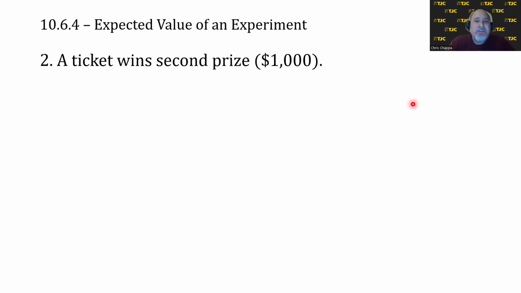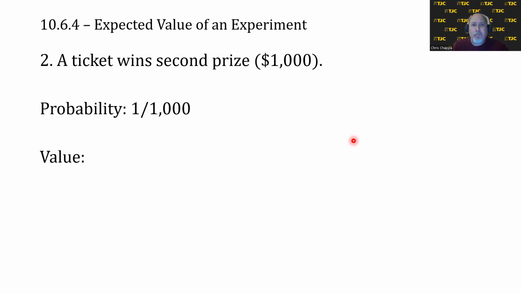Outcome number 2, a ticket wins second prize, $1,000. Well, again, only one ticket is going to win second prize. So what's the probability? It's still 1 out of 1,000. But what's the value? Remember, the charity makes $5 by selling the ticket, but then has to give away $1,000 when a person wins second prize.